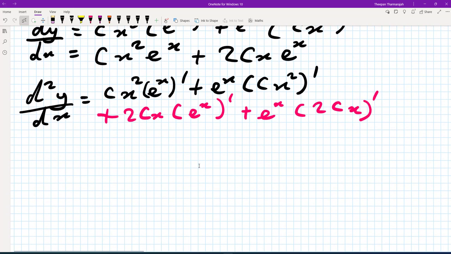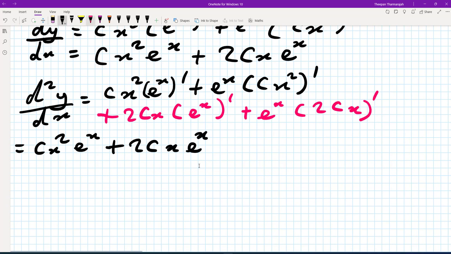So what we end up with is cx squared e to the x plus 2cx e to the x, and then plus 2cx e to the x, and then plus 2c e to the x.